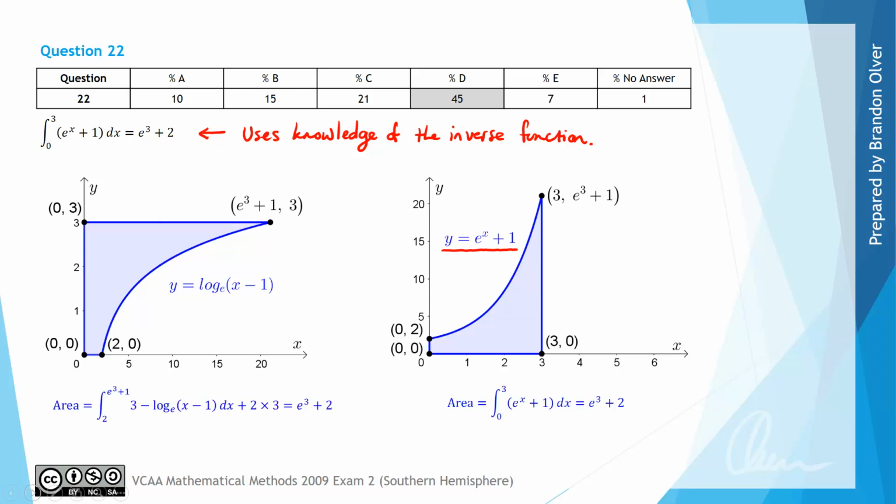So for the first one, we saw that on the previous slide. And for our inverse function, that is simply 0 to 3, so the lower bound and upper bound of the x values that we're integrating between. For e to the power of x plus 1, that's the inverse's rule with respect to x, and you could check on the calculator that you'd get the same value out if you did that calculation. So that's a slightly different way to approach this question.